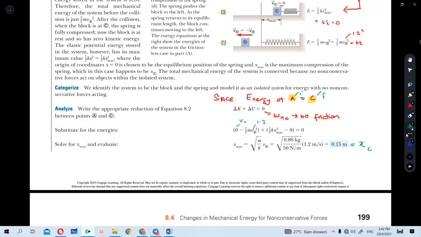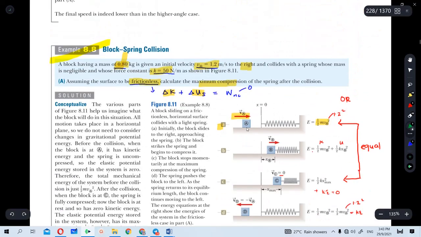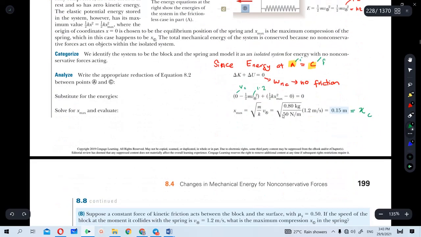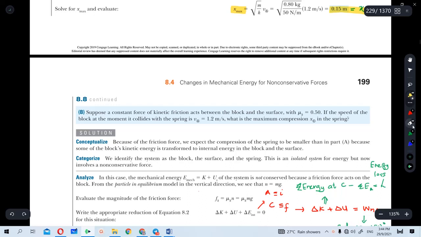So this is final compression as compared to previously when we were at A. At A, there's no compression at all. So that's the reason why this is 0. Okay, referring to A, and solving, you will arrive with answer 0.15, and this is actually at C, as well as the maximum compression.